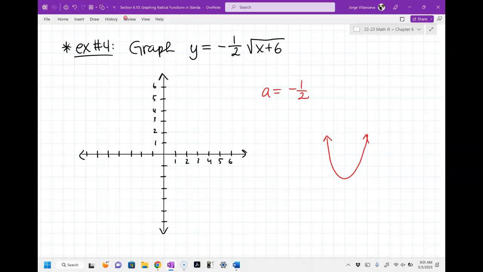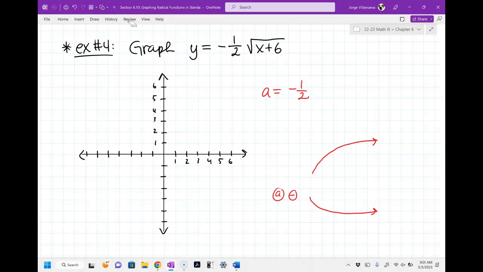It opens the other way, right? It gets flipped. So for us, this graph is supposed to look like this. That's if A is positive. If A is negative, using what we've known about other graphs, this graph's probably going to go that way, okay? So just remember that. Your A being negative is going to flip it, okay?